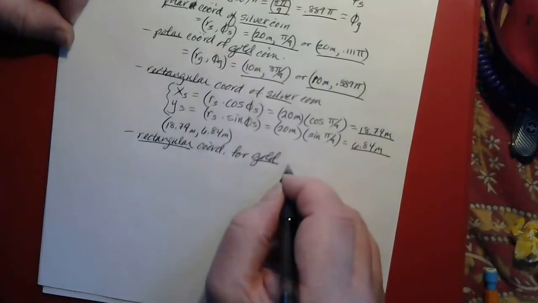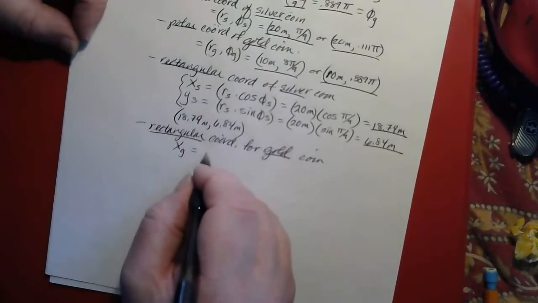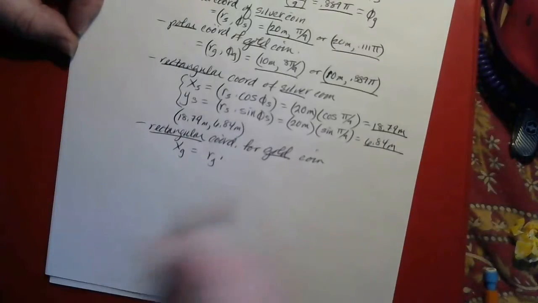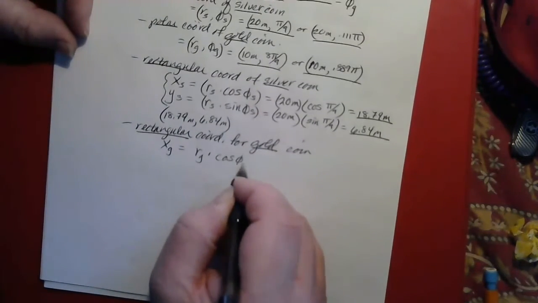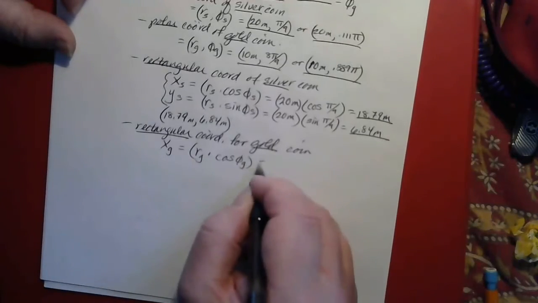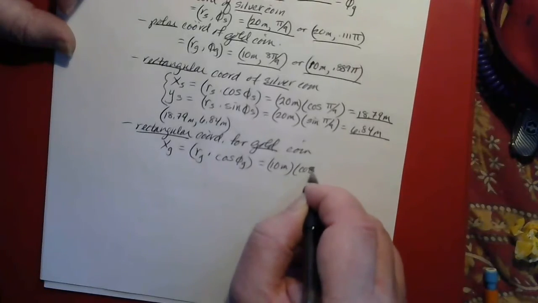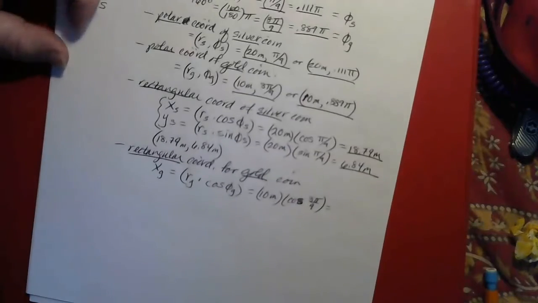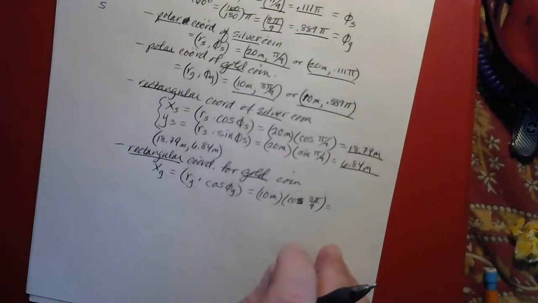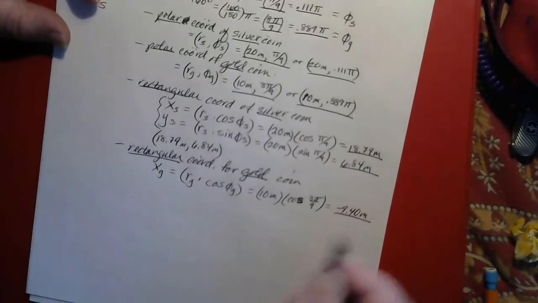Okay, so the rectangular coordinates for the gold coin. Done the same way. The x-coordinate for the gold coin would be the magnitude of the vector of displacement for the gold coin times cosine of the angle of displacement for the gold coin. That's 10 meters times cosine of 8 pi over 9. And that comes out to be negative 9.4 meters.